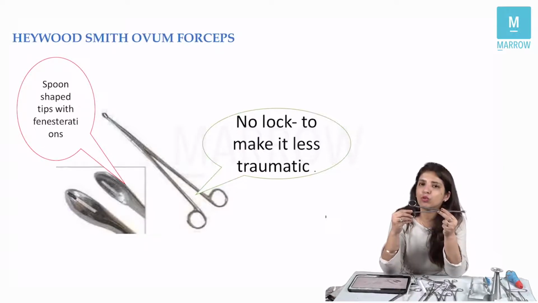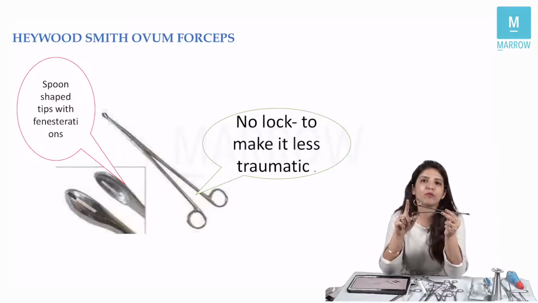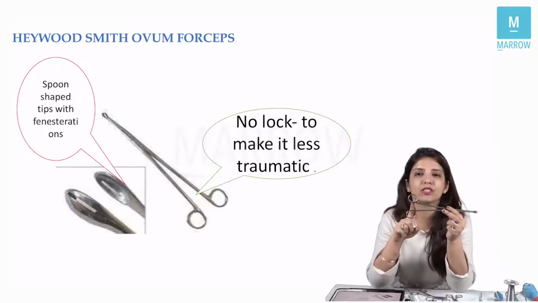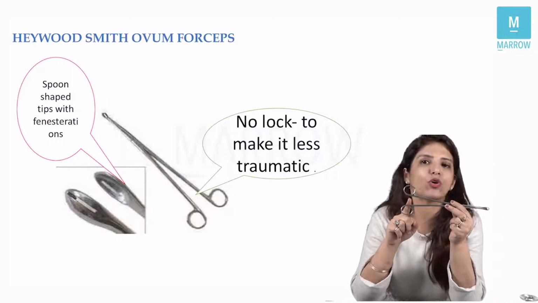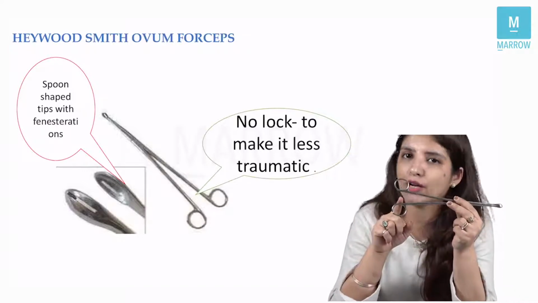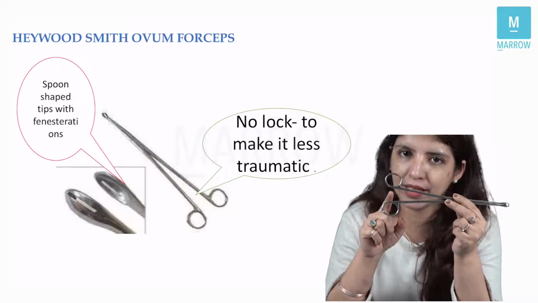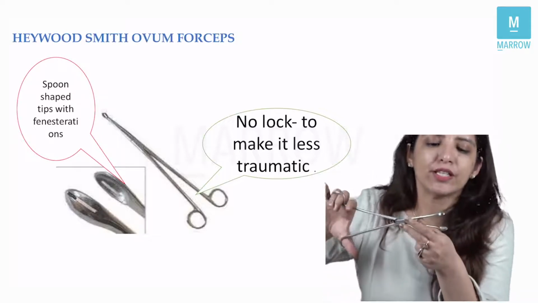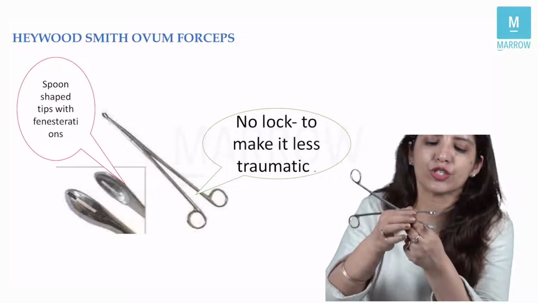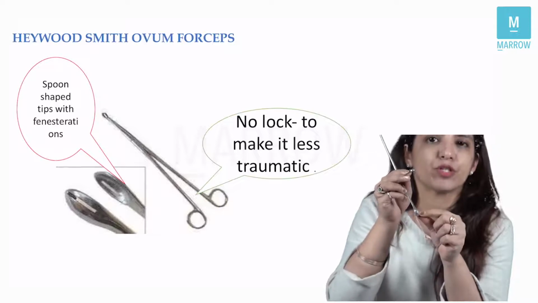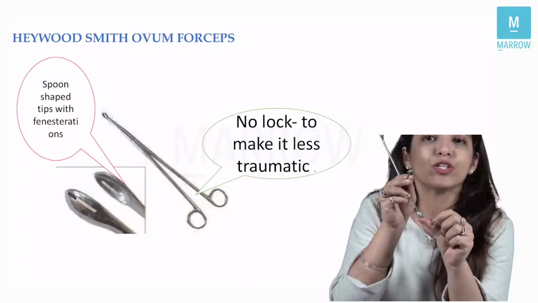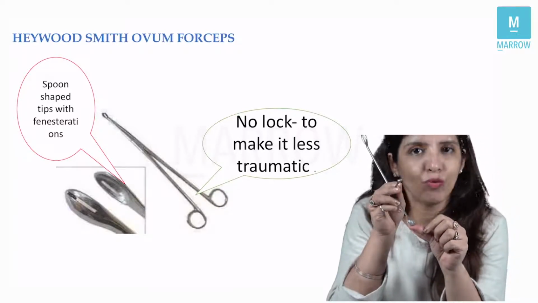In a Haywood-Smith ovum forceps, again what you have to remember is, after Chittell's forceps, this is the second forceps in which you are not going to get any lock. No ratchet lock present at the end. Very easy to identify this forceps because it is a spoon-shaped forceps. The only forceps which you are going to get spoon-shaped is an ovum forceps.